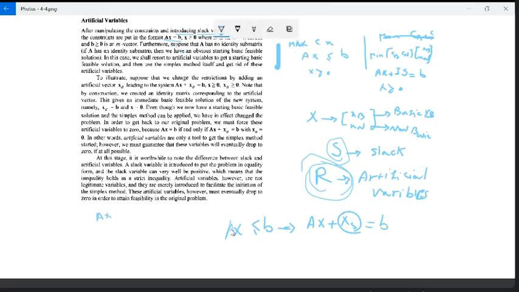This is an easy case. Suppose we have the bad case, Rx greater than or equal to b, Rx minus Is x_S equal to b. We don't have a basic variable. We don't have a basis.